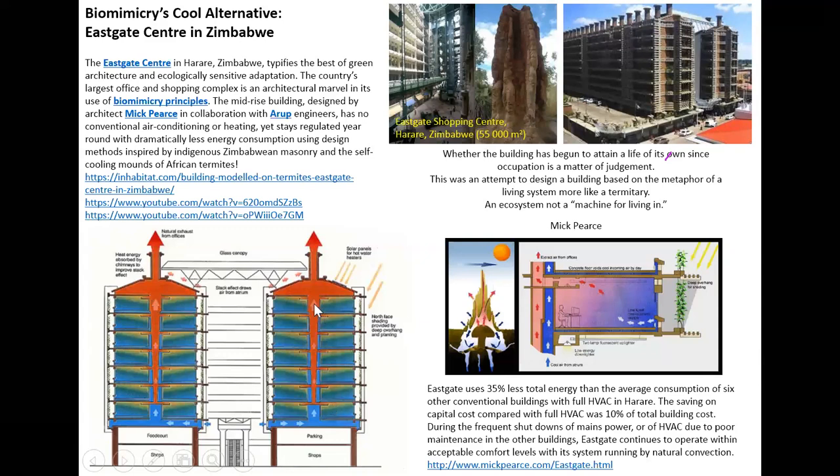It's got two long towers with an atrium in the middle, and the cool air comes in at the bottom and it displaces the hot air that's built up in the inside of the building, and that escapes through the chimneys at the top. So it's got a natural ventilating approach, and if you look at the bottom right-hand corner there, this is an extract from the website there.